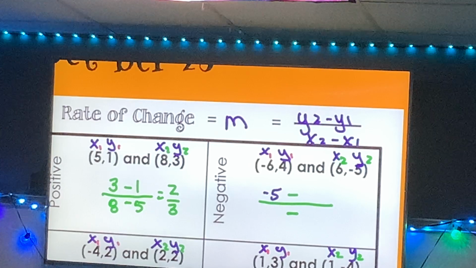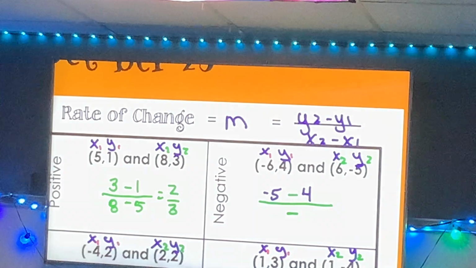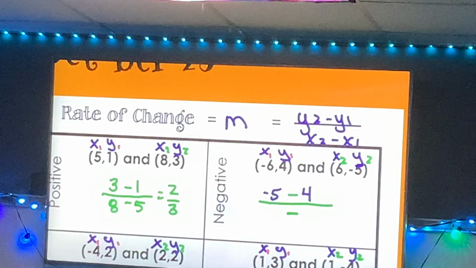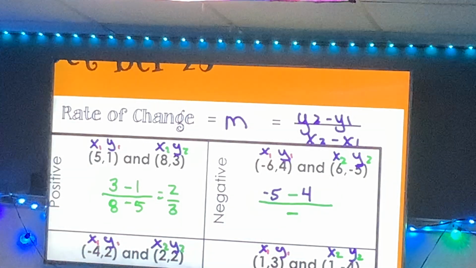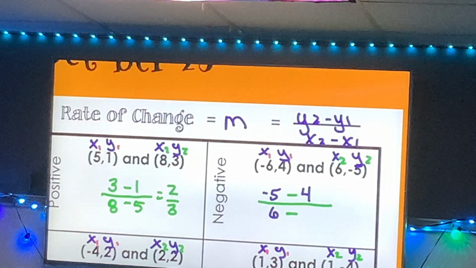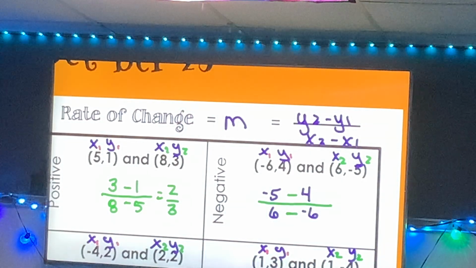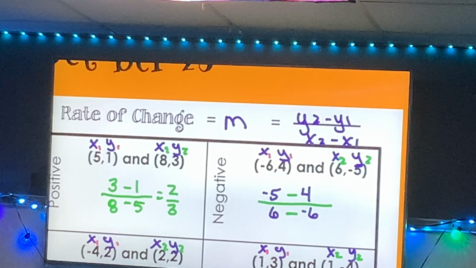What is your y1? 4. What is your x2? And what is your x1? And the reason we have the y on the top is because we rose. It's your rise over your run. Your y-axis is your rise. Okay, that's still what we're doing.